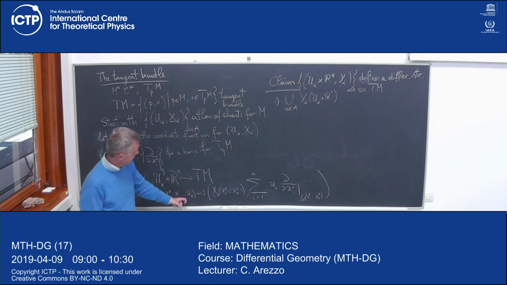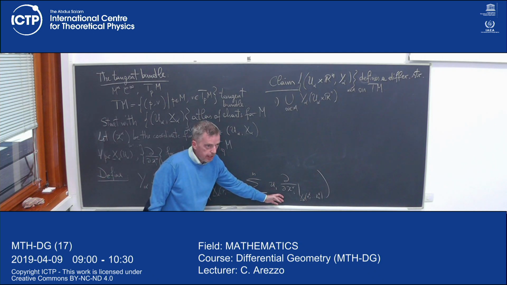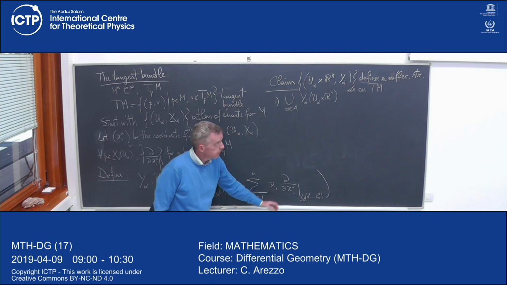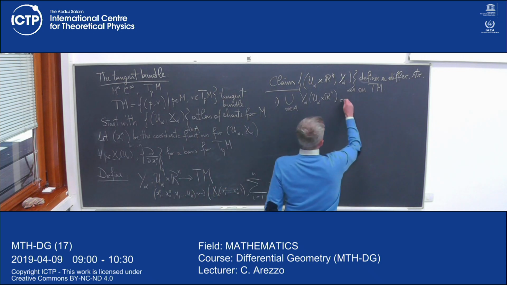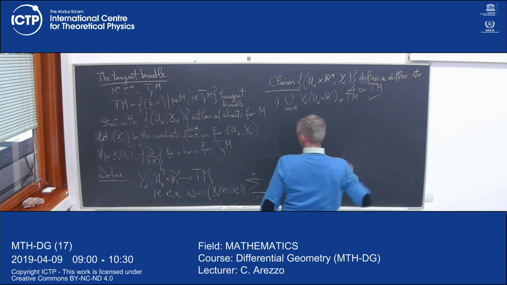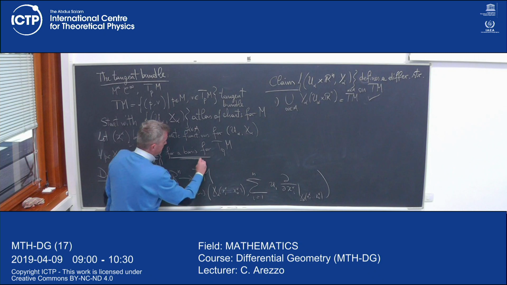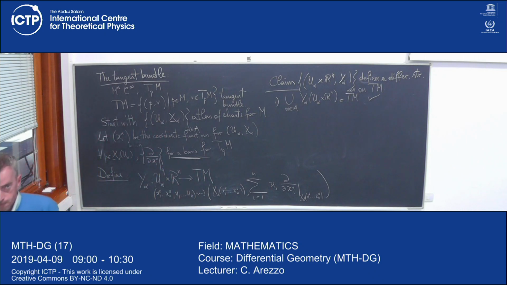Since I don't put any restriction here, this will be any vector. Any vector has to be of this form. So this is actually equal to TM by default. Essentially we have already proved it. The only delicacy is in this sentence here, but that's what we proved last time, I think.